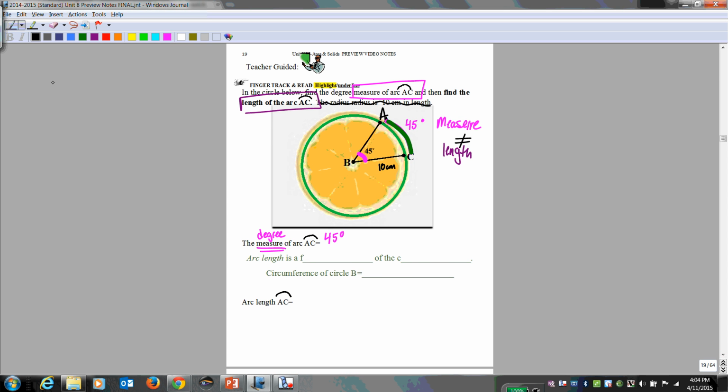the length of an arc is actually a fraction of the circumference. So if I want to find the circumference, it's going to equal d pi. So in this case, the circumference of circle B, our diameter, is going to be 20 pi.